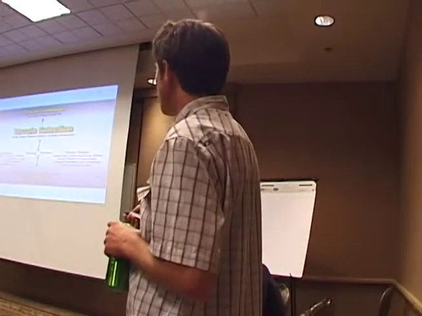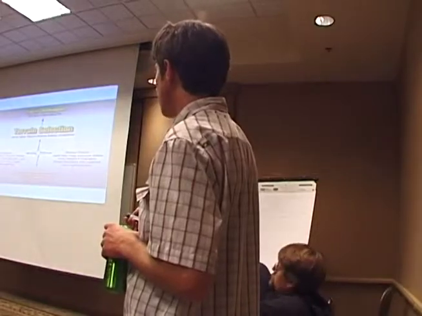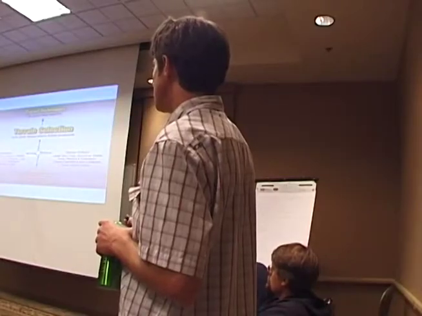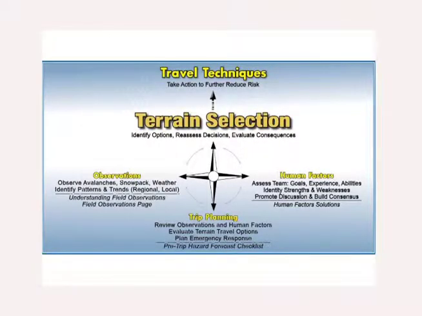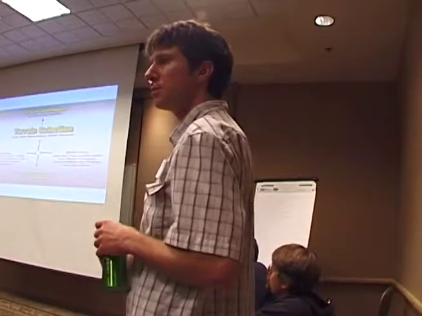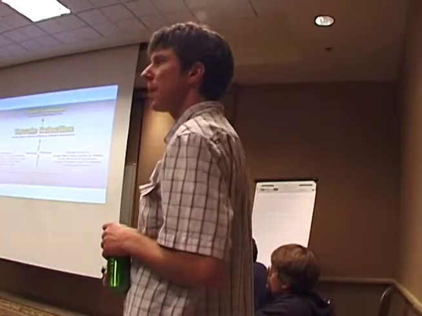One thing I want to point out is, in case you didn't pick up on it, this line is a differentiator between actions and tools. So what do you do? You observe, you identify, you assess, promote, review, evaluate, plan. These are all active actions that happen above the line. Below the line, these are the curriculum tools that support those actions.